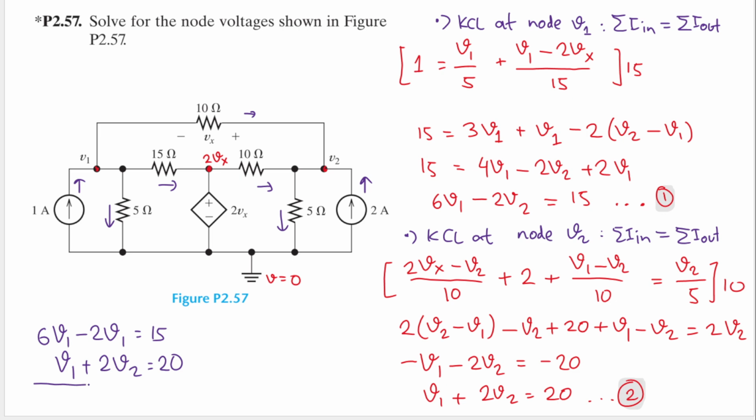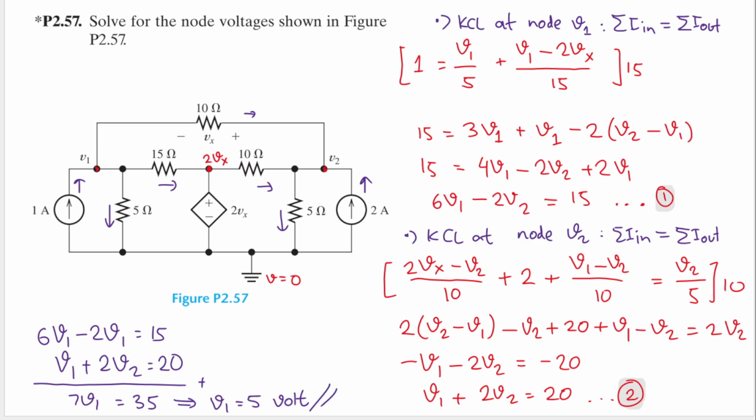We can just add them up and we will get 7V1 equal to 35. So V1 is equal to 35 divided by 7, which is 5. This is the answer for V1.